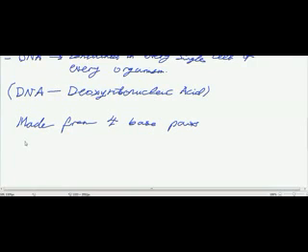So A is adenine, which is one of the building blocks.